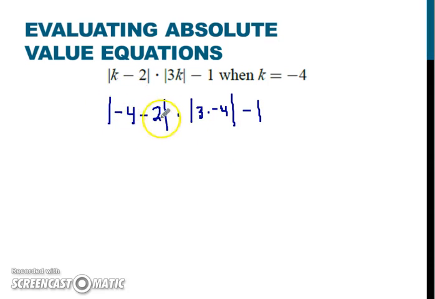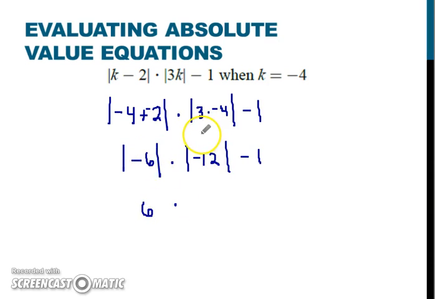So order of operations, let's do this part first. -4 minus 2, if we add the opposite, is the absolute value of -6, times the absolute value of 3 times -4, which is -12, and then minus 1. So the absolute value of -6 is 6, times the absolute value of -12 which is 12, and then minus 1. 6 times 12 is 72, minus 1. Our answer then would be 71.